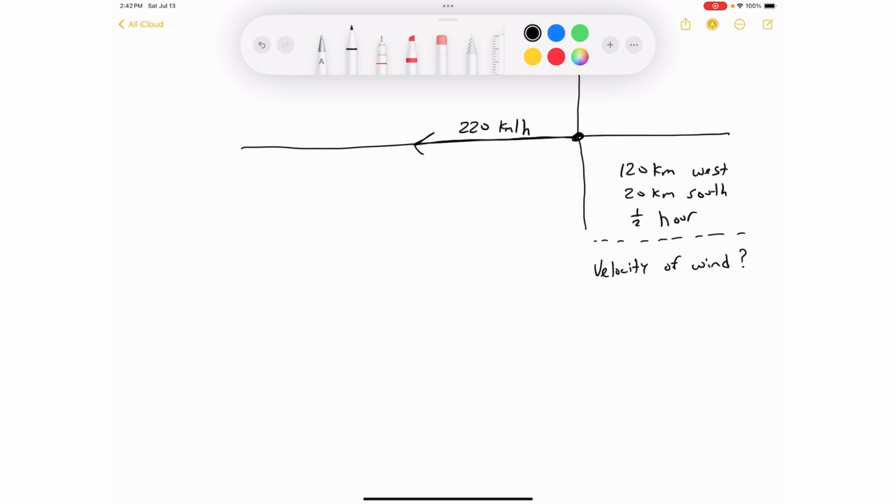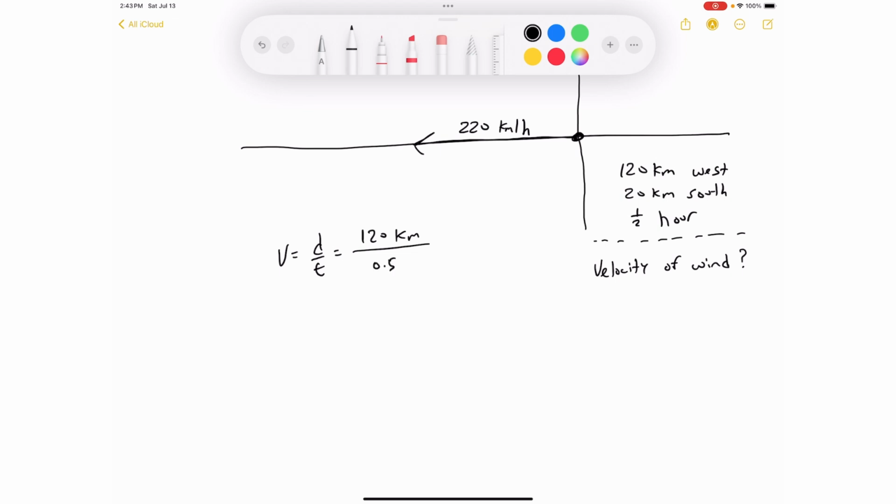But we need a velocity, and as you may remember, velocity is equal to distance over time. The distance, for example in the west direction, is 120 kilometers west, and the time is half an hour, or 0.5.